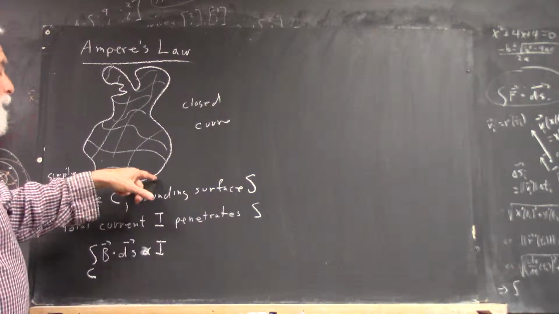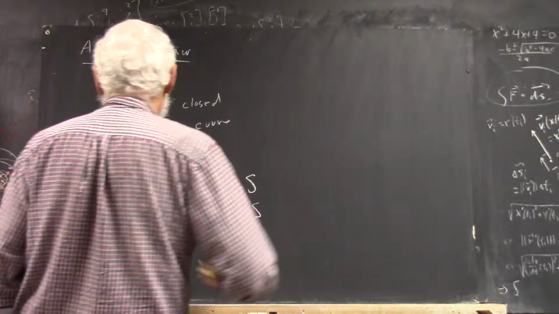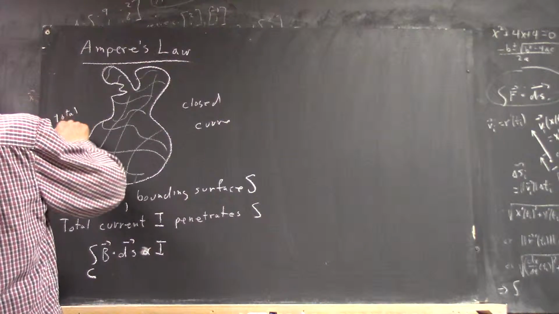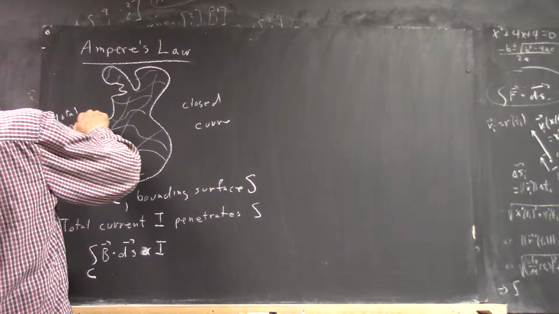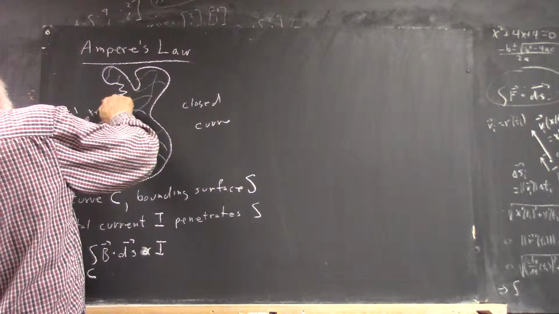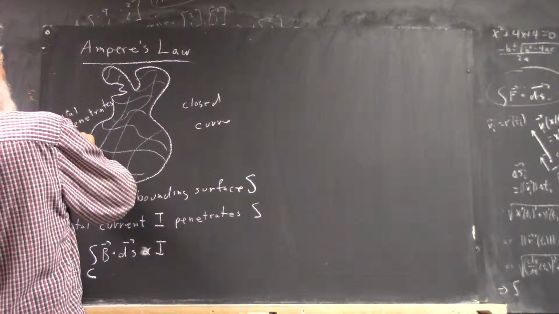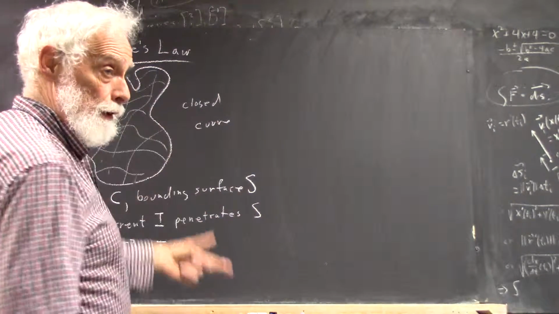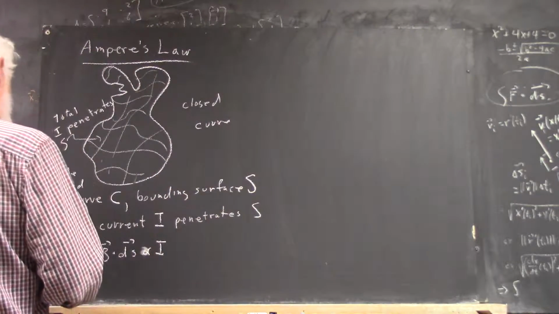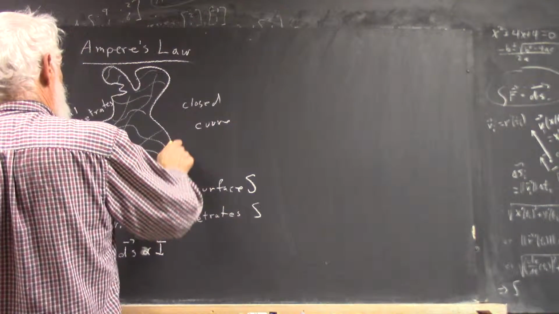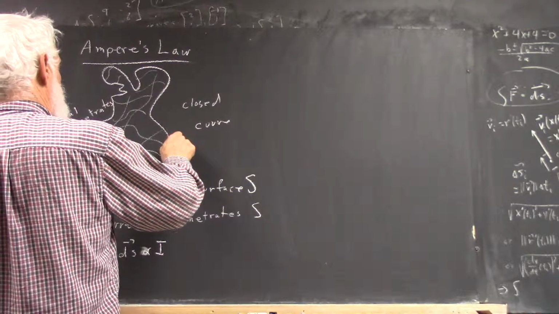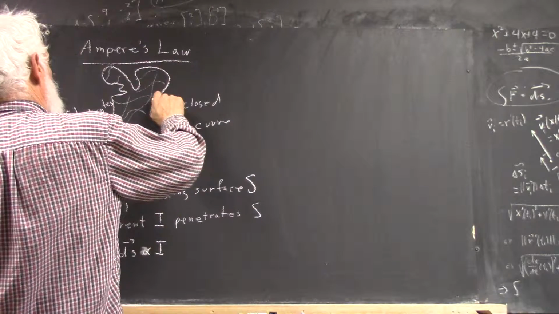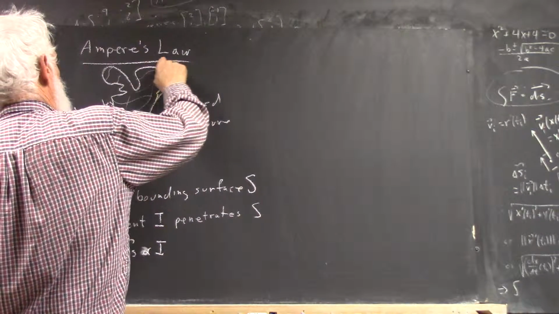Let's say it. Okay, so you got a magnetic field around here. So you have total current I penetrates the surface. Okay? I'm not going to try to draw that. I'd have to get all artistic. Okay? That induces a magnetic field that could have various directions around here.